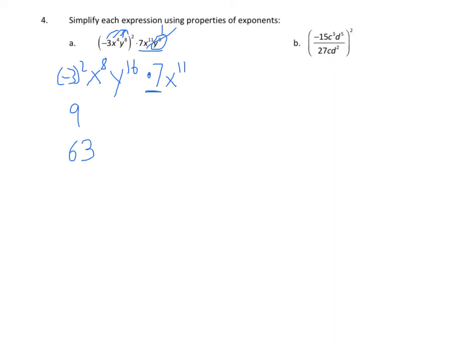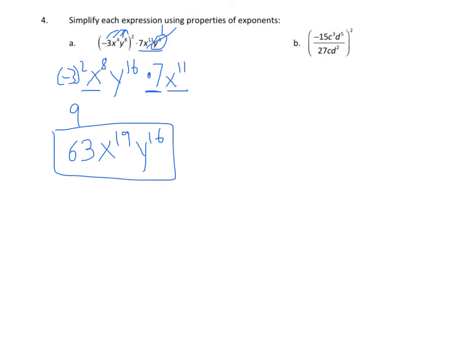Then x to the 8th times x to the 11th, I add the exponents now, and we get x to the 19th. And then y to the 16th doesn't have any other y's, so we just leave it, y to the 16th. And that's our final answer.